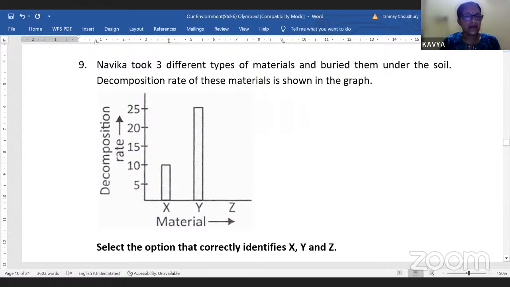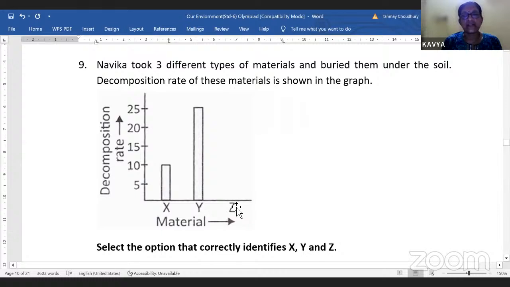So here Y has the maximum rate of decomposition. Hence, it can be a vegetable peel because it is getting decomposed at a very fast rate. Then decomposition of X is lesser than Y. It is getting decomposed, but lesser than Y. So X can be a jute bag.